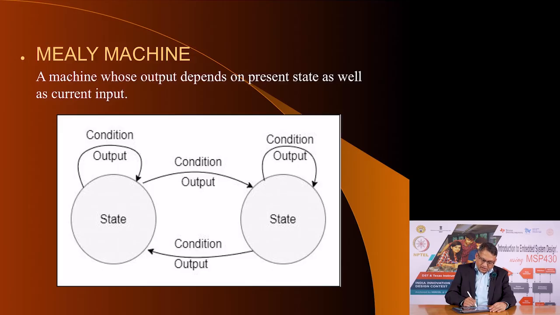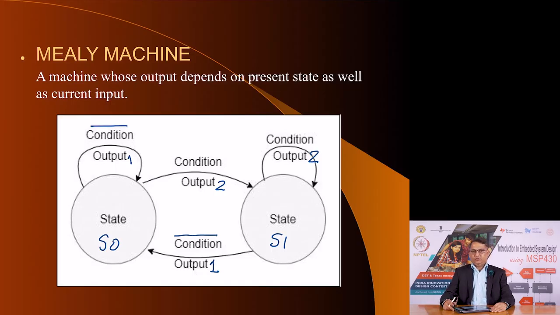Here is the condition bar, and if there is a condition, then say output 1, and this is output 2. So this is state S0, this is state S1, and for condition 1 you could have output 2 here, it continues to produce output 2, and if it goes back here, it could be output 1 again, and it goes back into state S0.